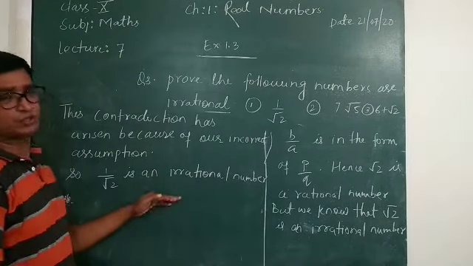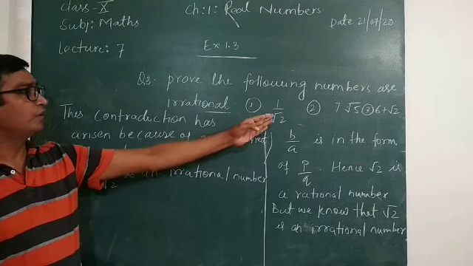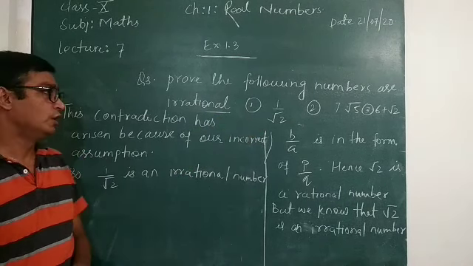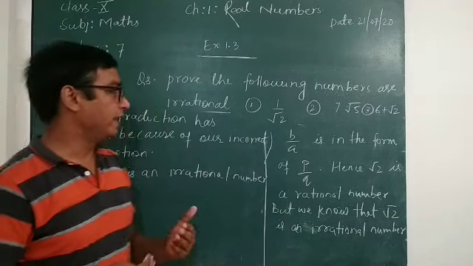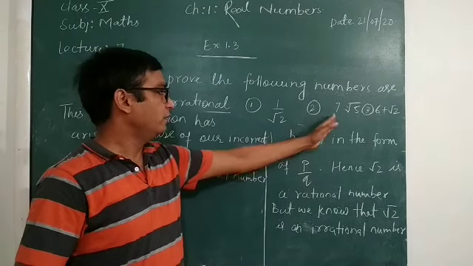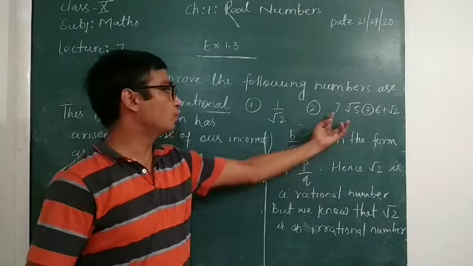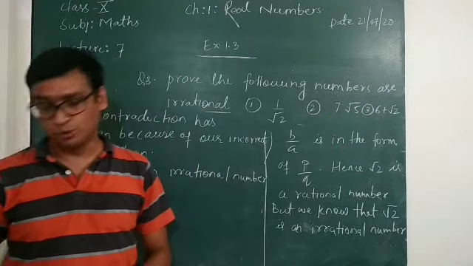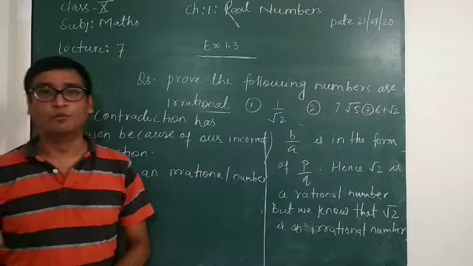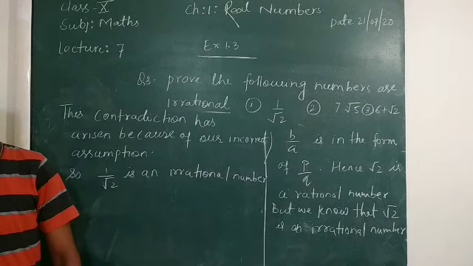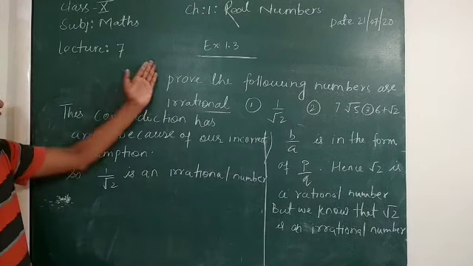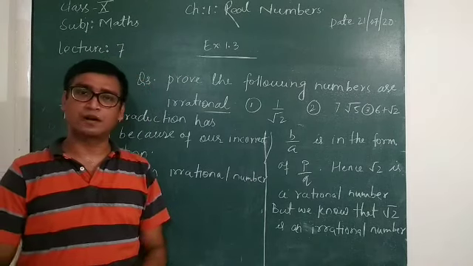On the basis of the same method, we can prove the rest of the two. You have to apply your mind and prove them yourself. These two questions I am leaving for you as homework. So now this exercise has been completed.